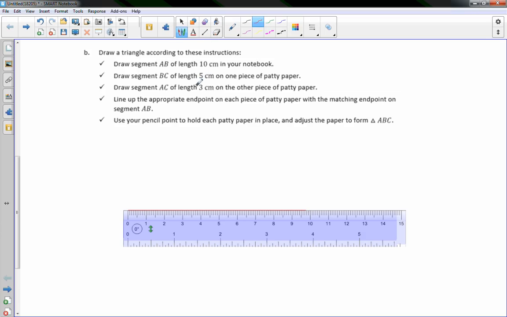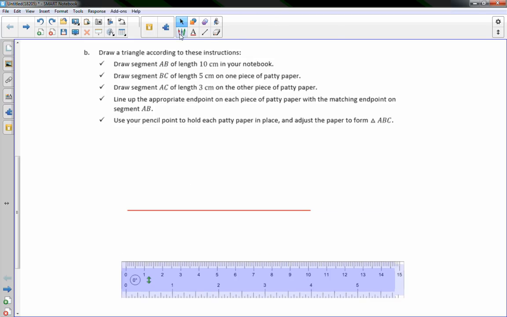Okay, I need to do that again. Went off the edge of my writing pad here. Try it again. Start at 0 and over to 10. Okay, that went a little over. I want to be really precise here. So there is 10. Since it's segment AB, I'm going to label it A, B, and tell someone looking at this that it is 10 centimeters long. So, there's step 1.